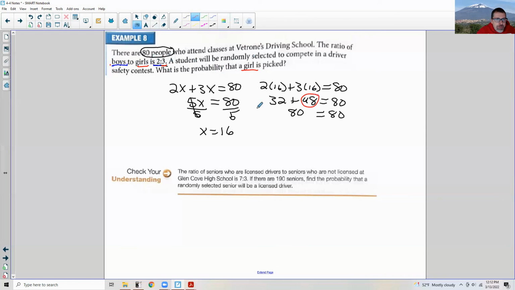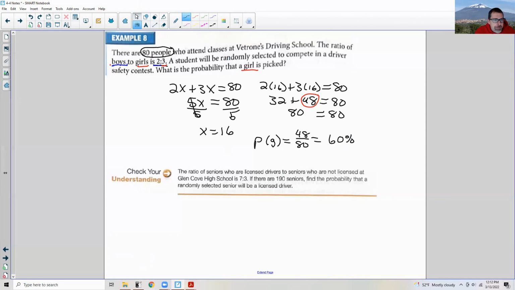There are 48 girls, and the probability that it is a girl is going to equal the number of girls over our total. So that's 24 over 40, 12 over 20, 6 over 10. 6 over 10, that's 60%. 48 over 80, or 60%. And that comes out exact.